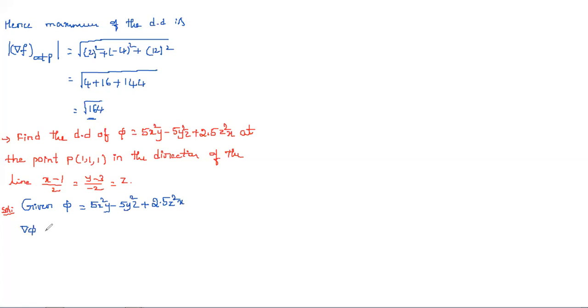Del phi is i into dou phi by dou x plus j into dou phi by dou y plus k into dou phi by dou z.